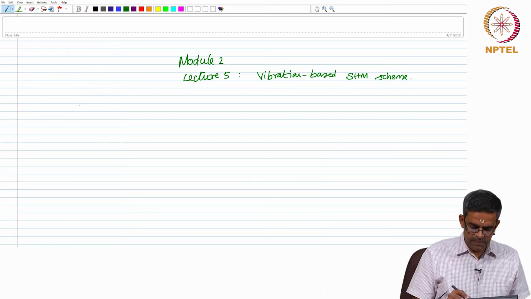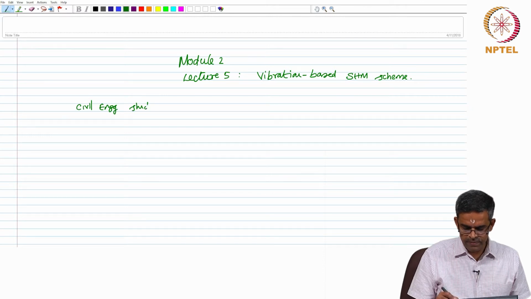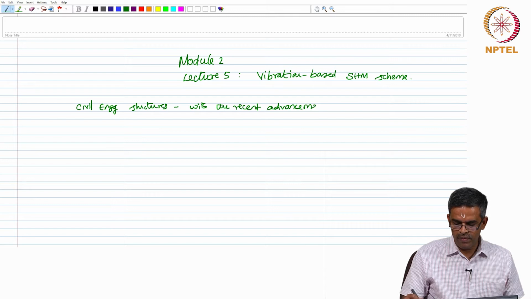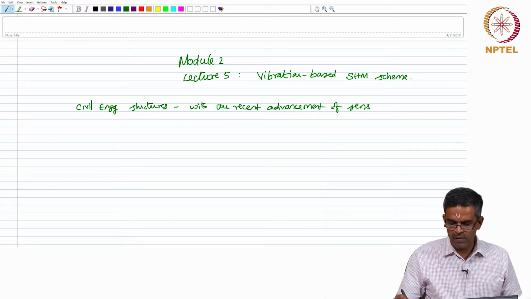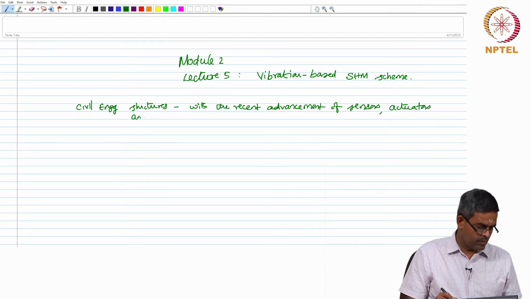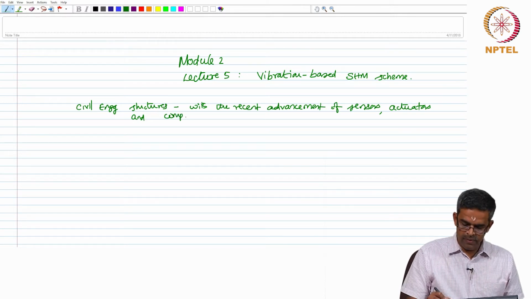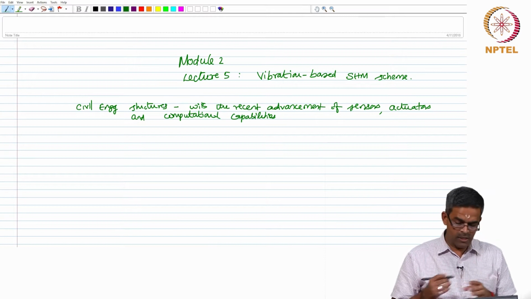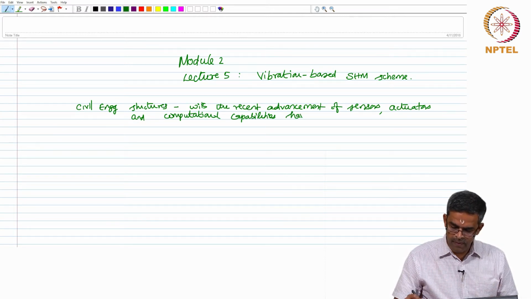We all agree that civil engineering structures, with the recent advancements of sensors, actuators and computational capabilities, have become smart structures.